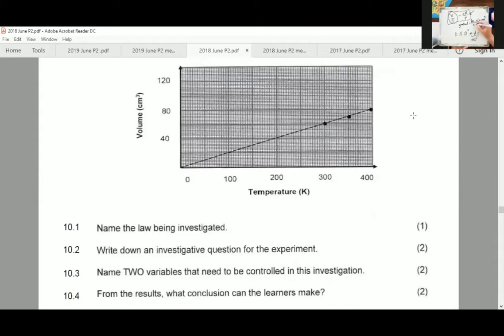So 400 minus 0. Okay, so work that out. So 80. I get a tiny answer. I get 2 times 10 to the negative 7.